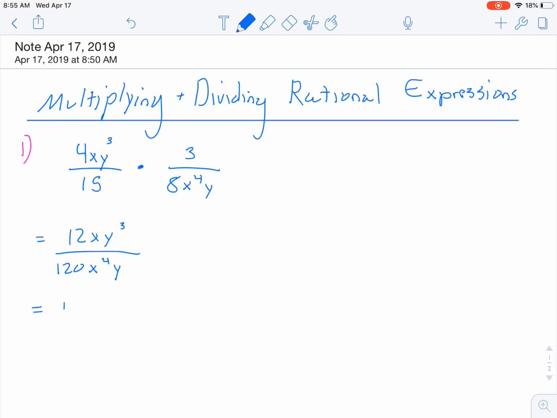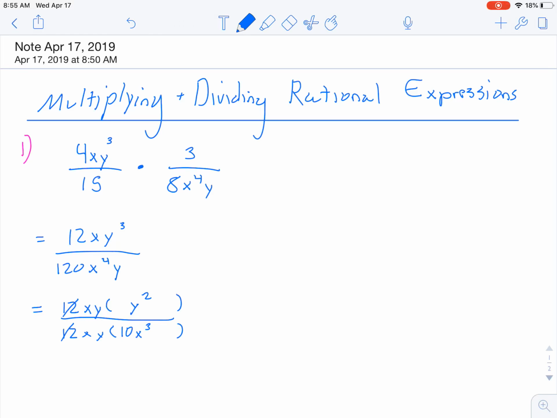So I'm going to factor out 12xy from the numerator and denominator. That's the greatest common factor, therefore I can simplify. 12xy times y squared gives me the numerator, and 12xy times 10x to the third gives us the denominator.